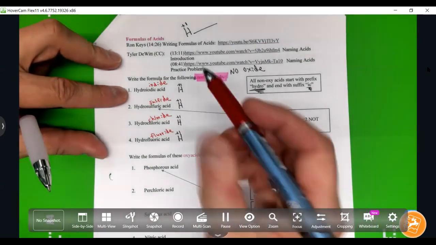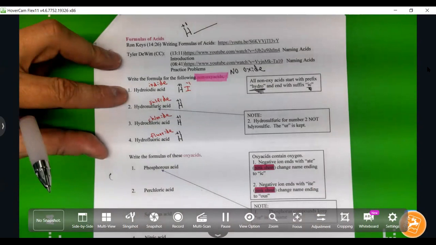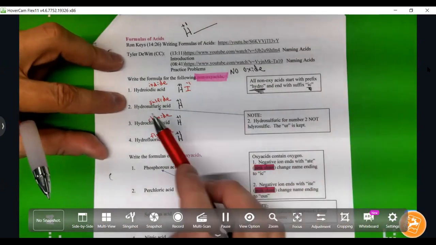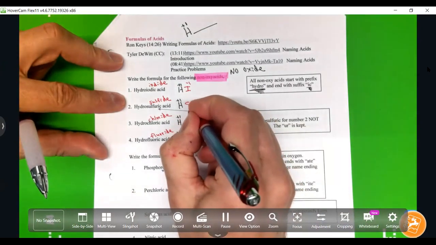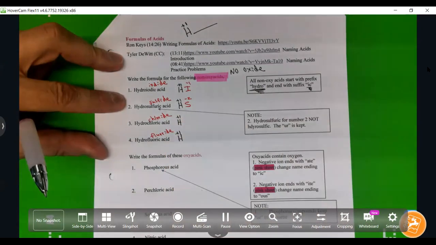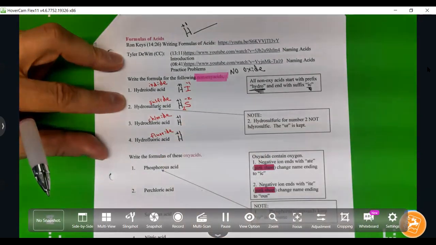So iodide, I, -1. So that's it. Sulfide. That's -2. So that's H2S. And there's some freakish things.